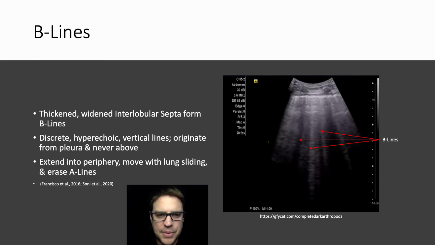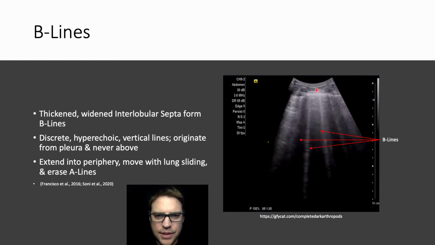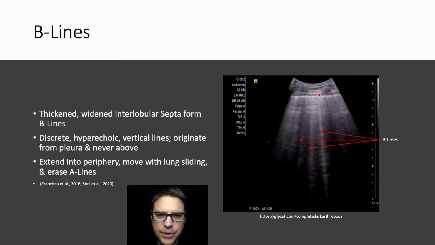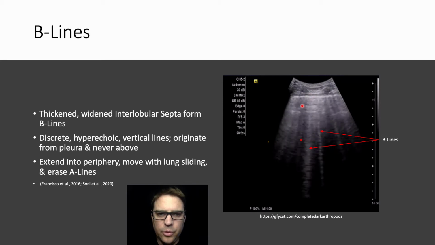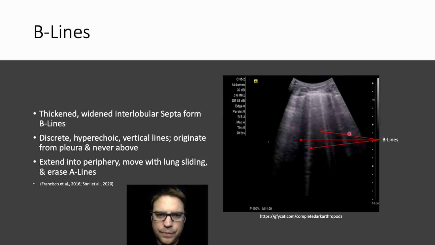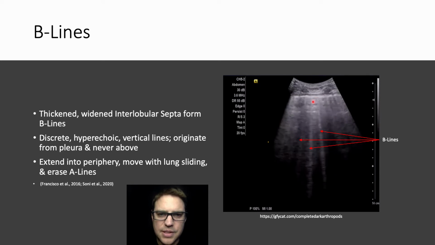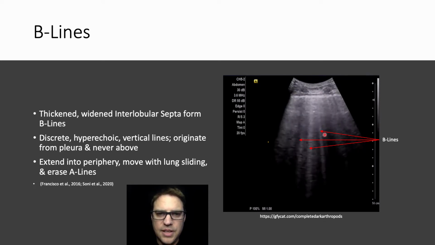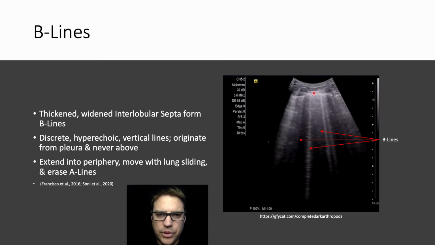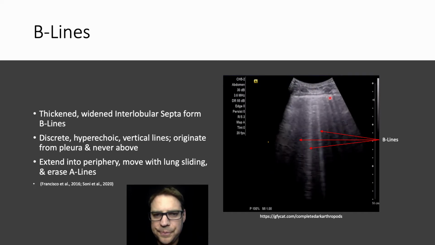If you look over here on this picture, you can see the pleura is still here. You got a rib, and a little bit of a rib shadow. And from the pleura extend these discrete, hyperechoic vertical lines. And you can see they're not forming above the pleura, so you know these are B-lines.